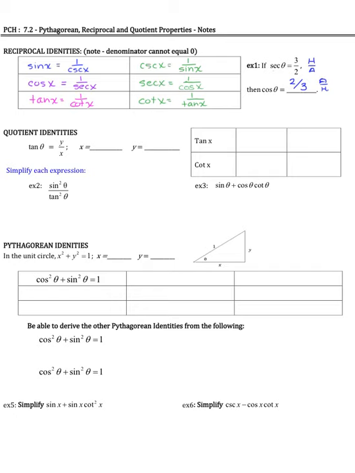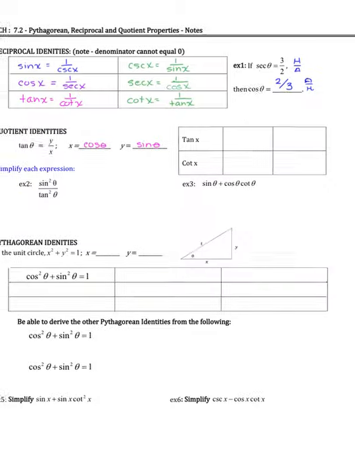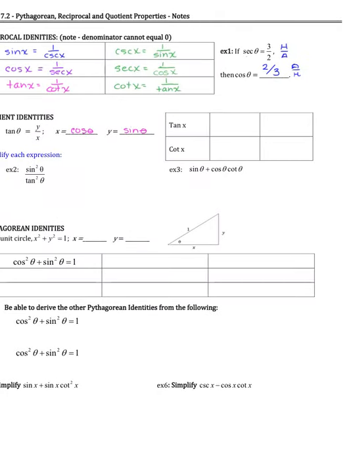Then tangent, we know, is y over x, and on that unit circle, the x usually goes with your cosine, y goes with your sine. I'll keep it as theta, which means then I know that the ratio of tangent is going to be sine theta over cosine theta.